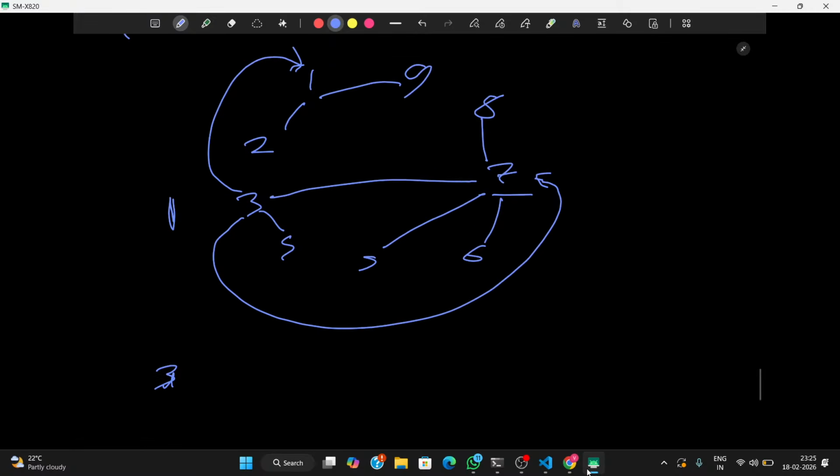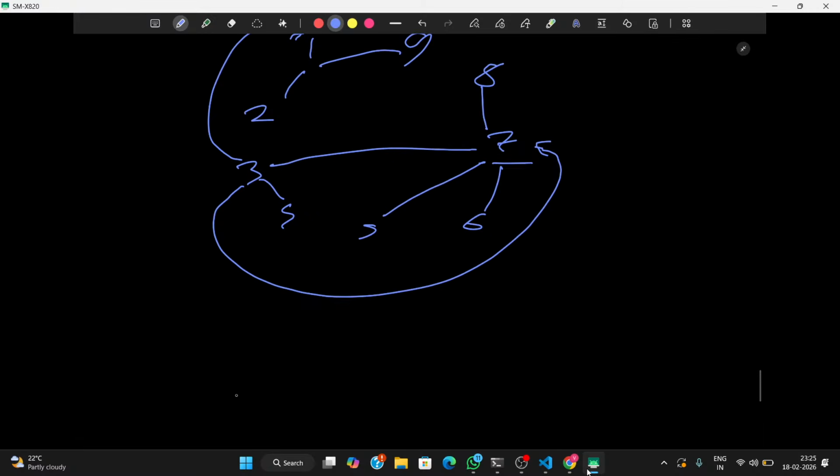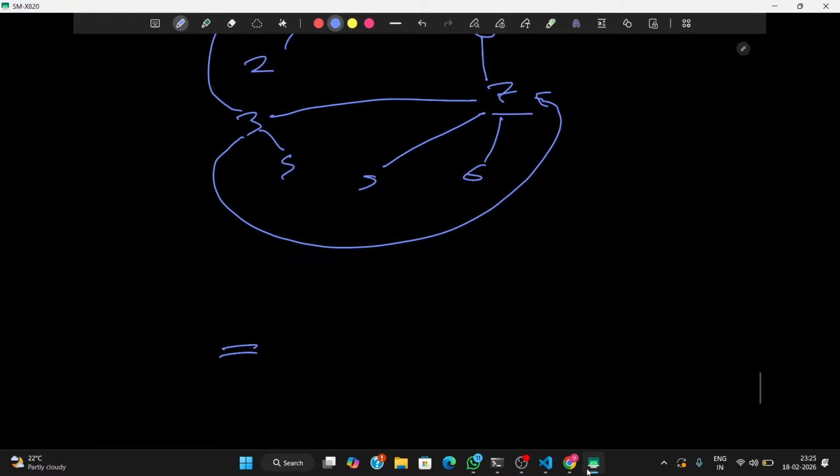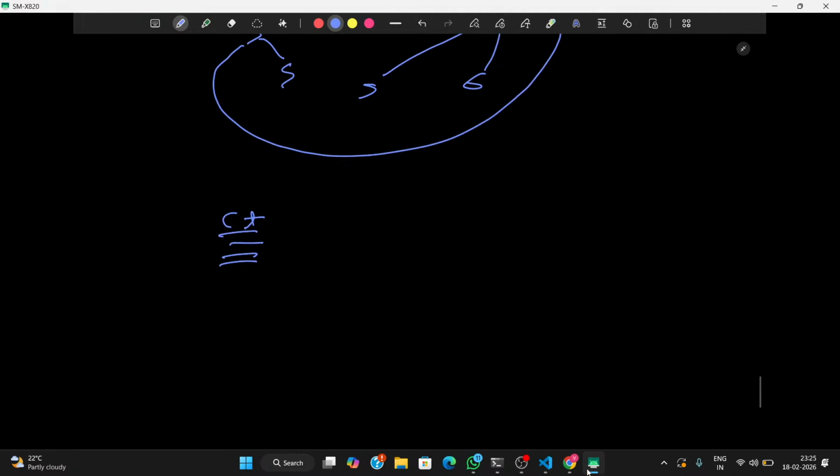So if you notice, we took one element from the map, we used all of its count or all of its edges to connect some other elements of the map also, right? Let's take another example.